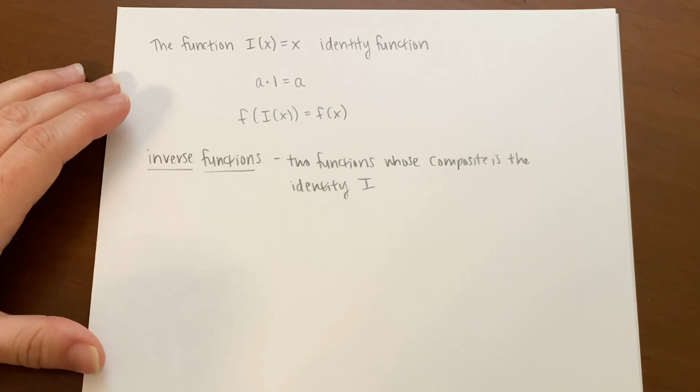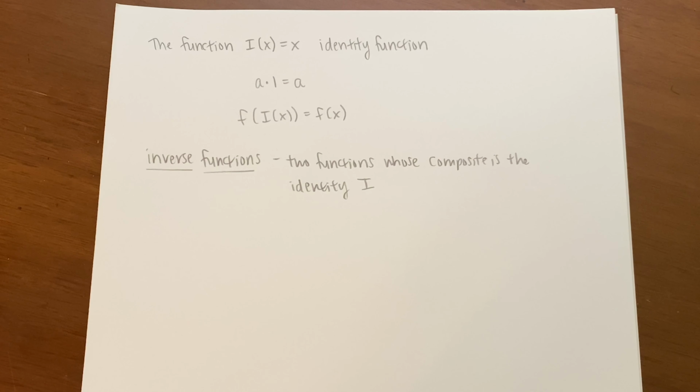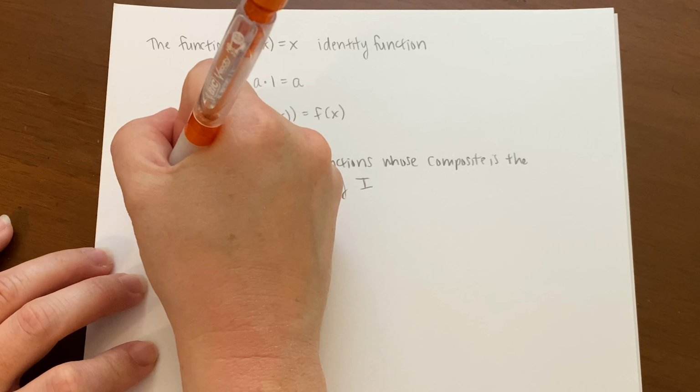Now, I'm going to show you what that actually looks like for practical purposes for what we're going to do. So when we're working with inverse functions, this is what we're actually looking for.